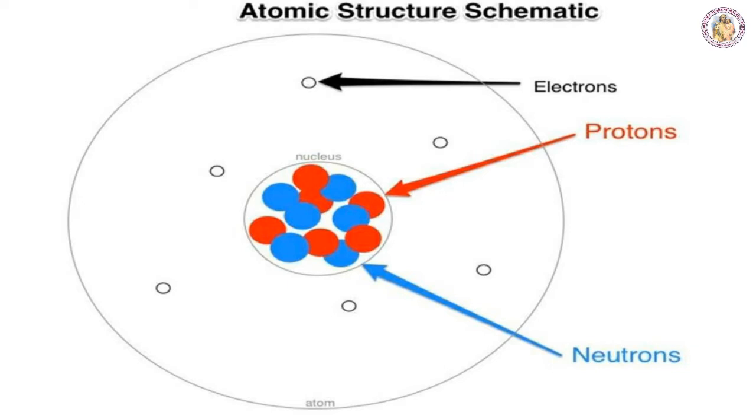Protons and neutrons are present inside the nucleus of the atom, and electrons, which are negatively charged, revolve around the nucleus of the atom. By nature, electrons and protons have negative and positive charge respectively, and neutrons do not have charge. Electric current consists of moving electric charges. So, electricity is an important source of energy in modern times.